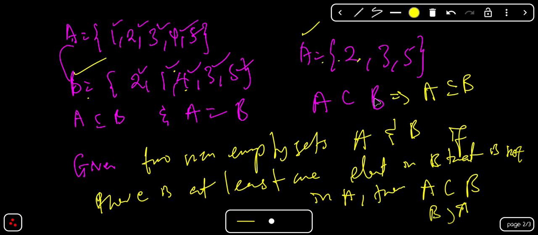If there is at least one element in B that is not in A, we have a proper subset. Are we together? If A is a proper subset of B, then we say B is a superset of A.